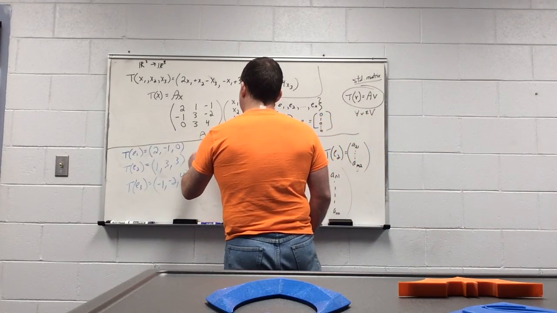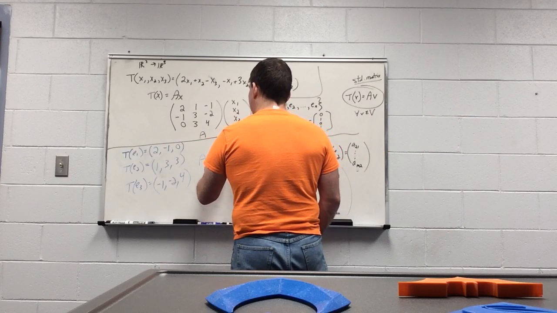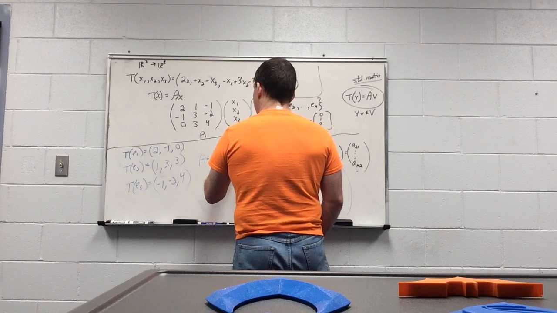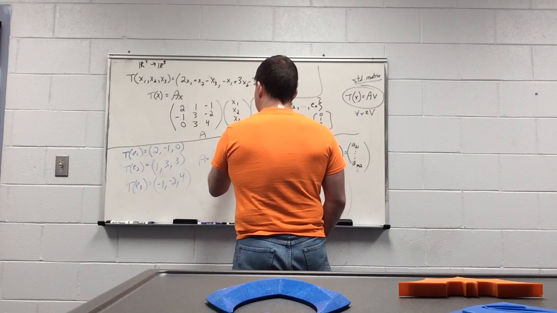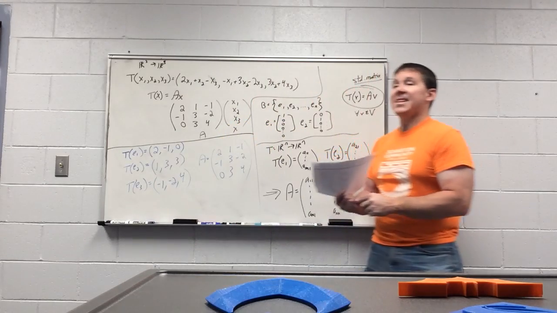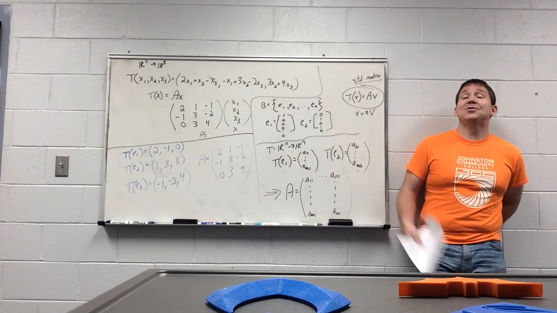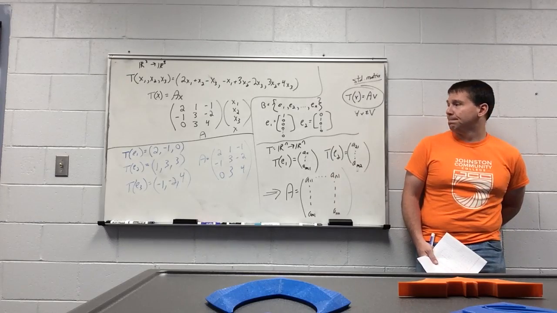So my A should then equal, this is the first column, 2, negative 1, 0, then 1, 3, 3, then negative 1, negative 2, 4. And that should be the A that represents my transformation as a matrix.